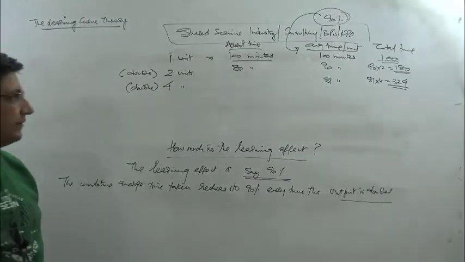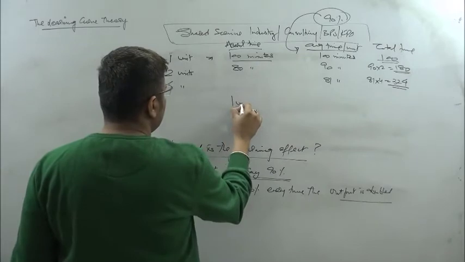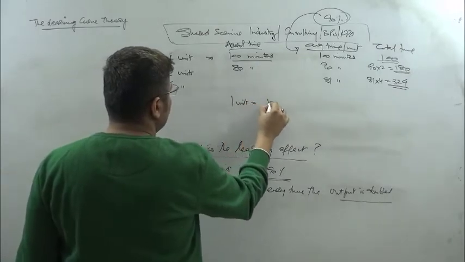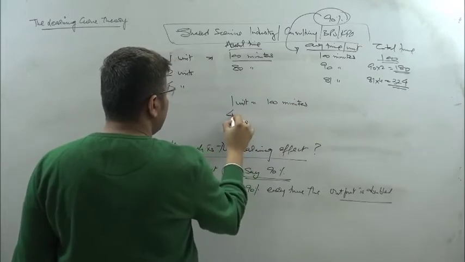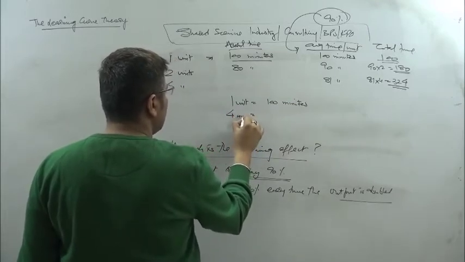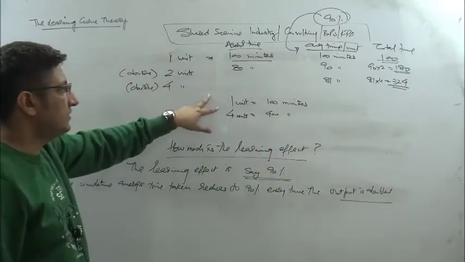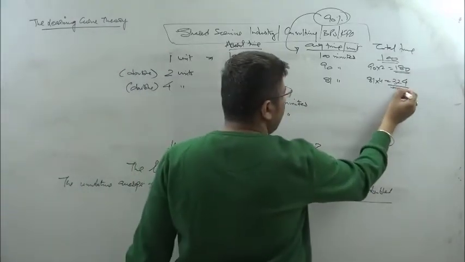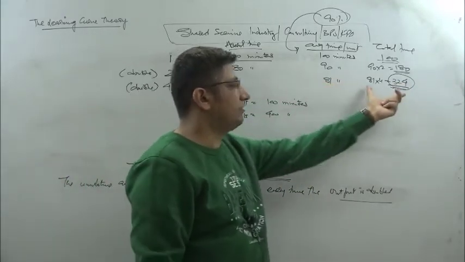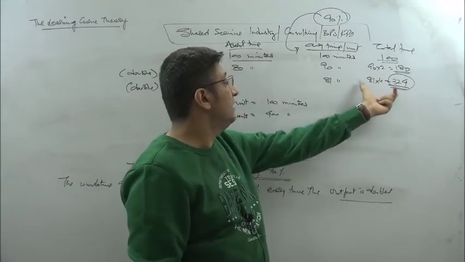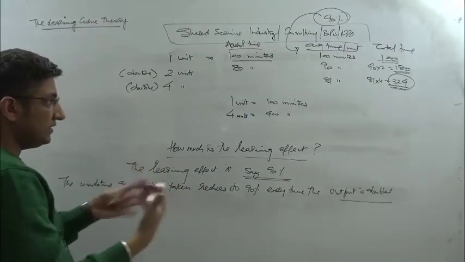Now imagine 1 unit takes 100 minutes. Without the learning curve I would have said 4 units take 400 minutes, which is not right because my average time taken would be 81 minutes per unit, or effectively 324 minutes in total. So that is where you see the learning curve impact.